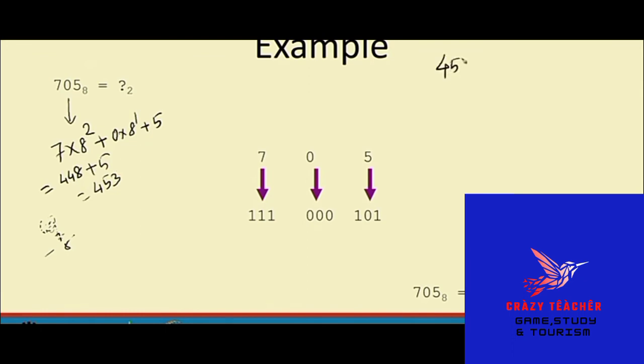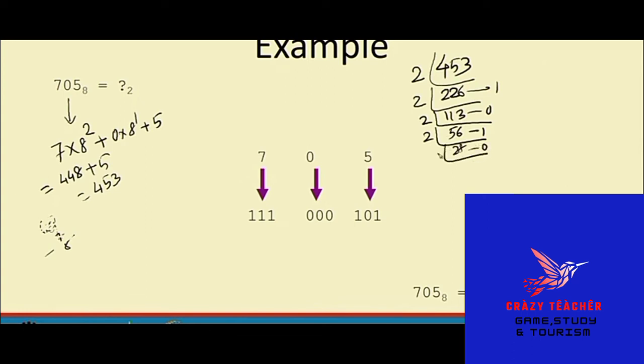Now this 453, as I was telling, you can convert into binary by repeatedly dividing by 2 and noting the remainders.